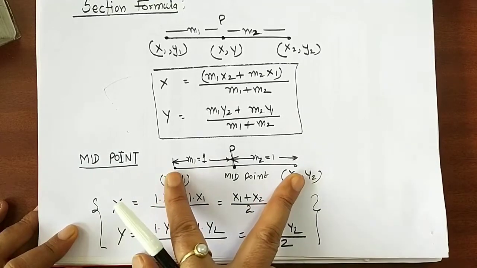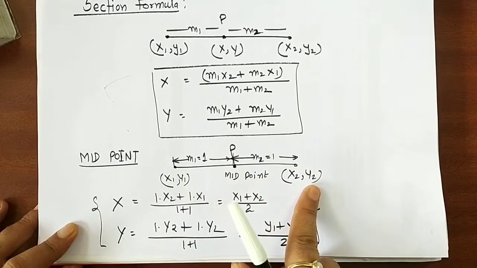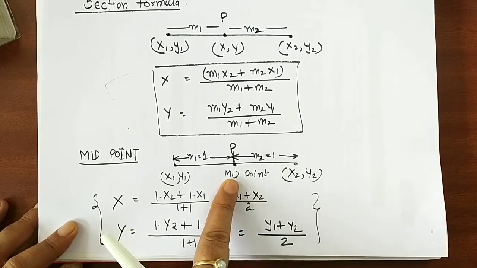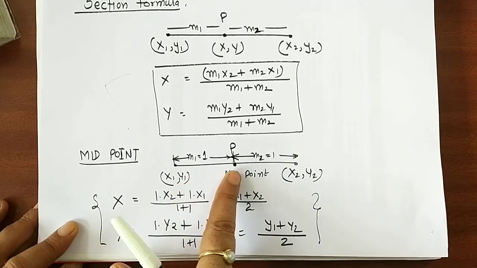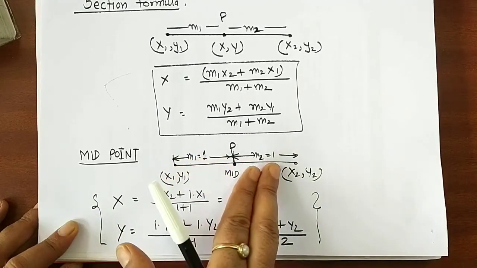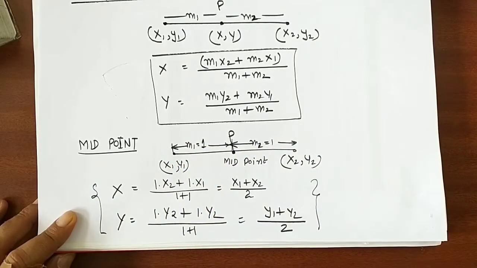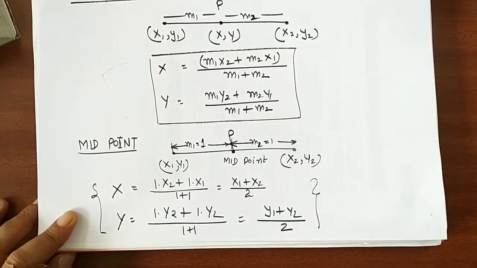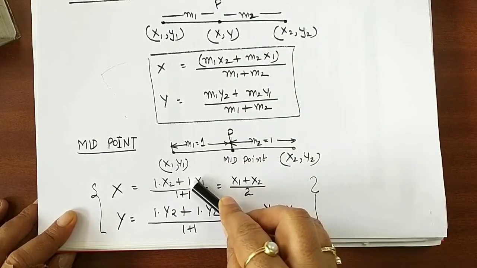Suppose there is a line joined by (x1, y1) and (x2, y2), and the midpoint is dividing it into two equal parts. Two equal parts means the ratio is 1:1, correct? So m1 is 1 and m2 is 1. I will put m1 as 1 and m2 as 1 in this formula.